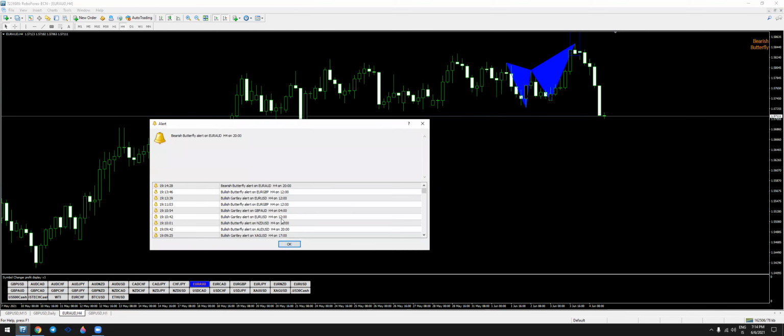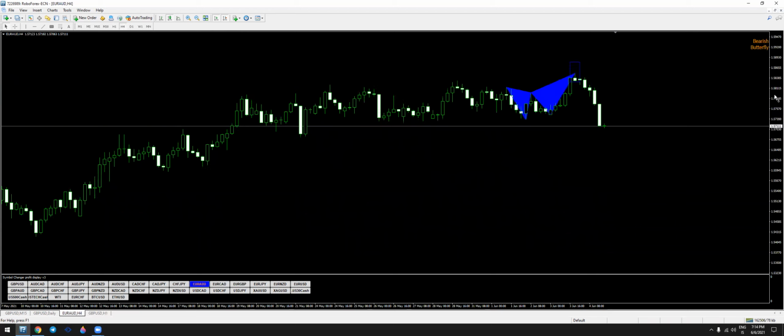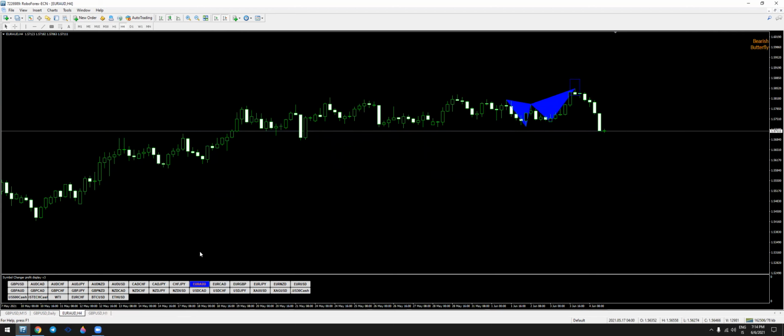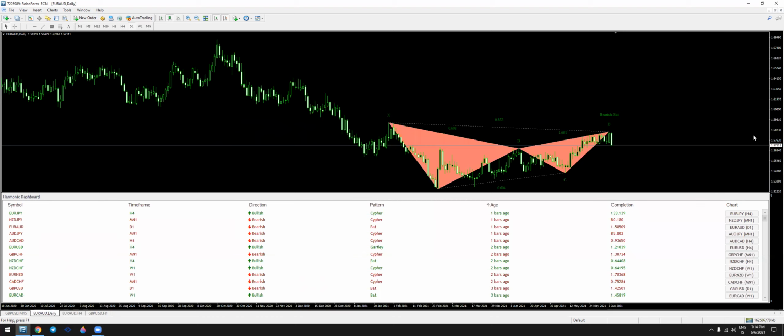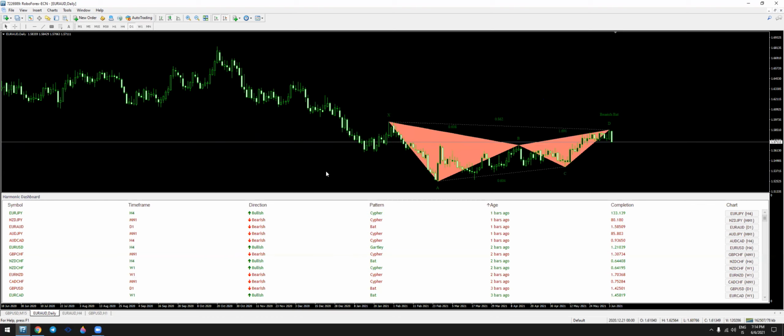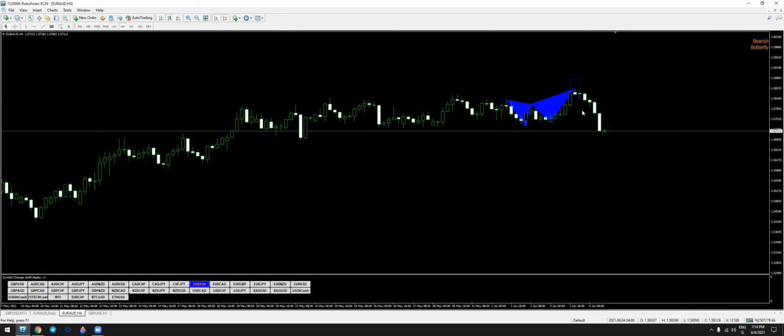Some others. Euro Aussie here. This pattern we're aligned with. This is the bearish butterfly, but we have a daily pattern, which is a bearish bat. That's another nice confluence, right? Having the pattern on both indicators and even on different time frames.